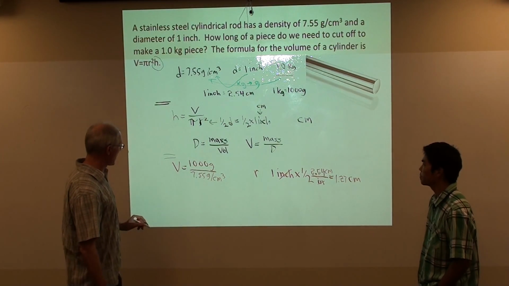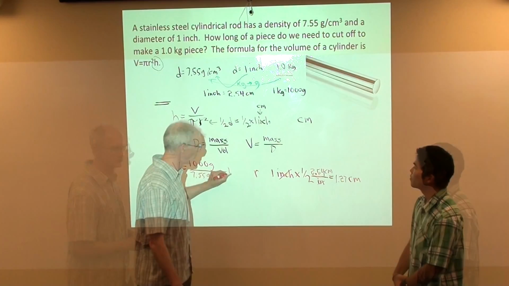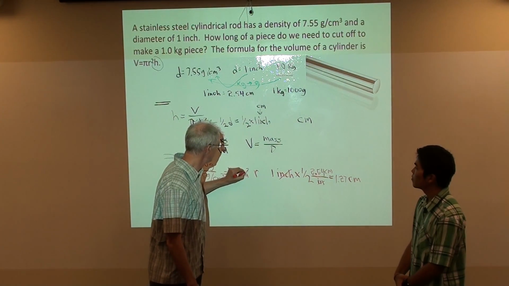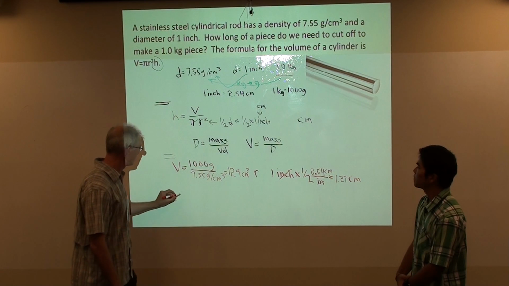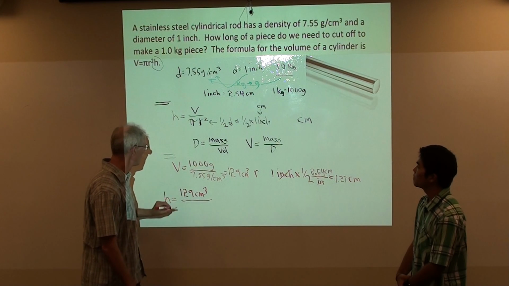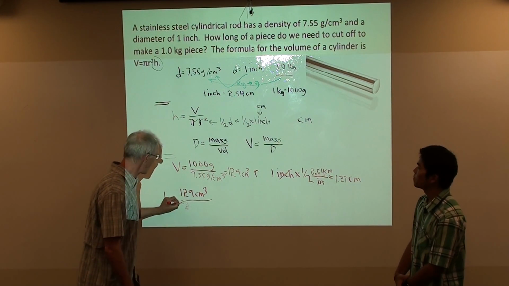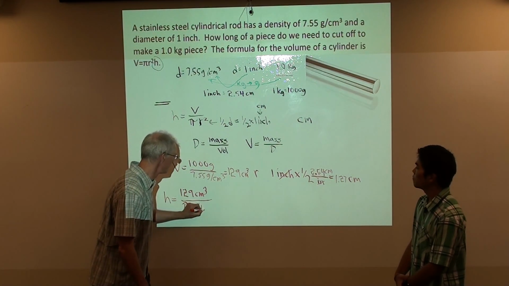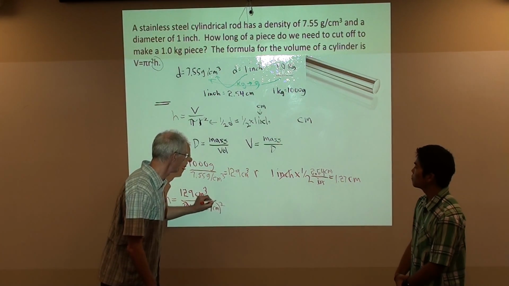So I can put this all together and say V equals 129 centimeters cubed. Okay. And so now I can plug that into this equation, H equals 129 centimeters cubed over pi times 1.27 centimeters squared, right?